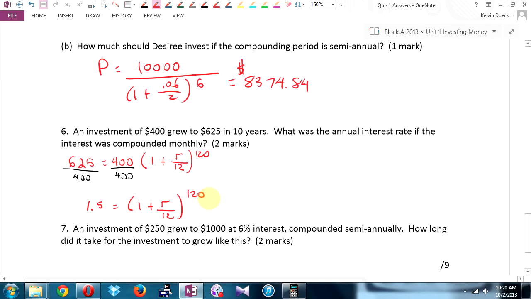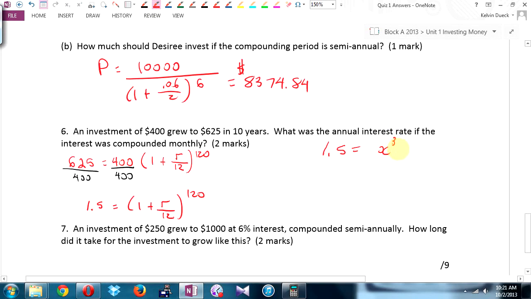And again, if you blank on what to do, here's how I think this through, Kyla, every time. Don't write this down. I say to myself, if I had this, how would I get rid of a squared to get the x by itself? Square root. If I had this, how would I get rid of a cube to get the x by itself?